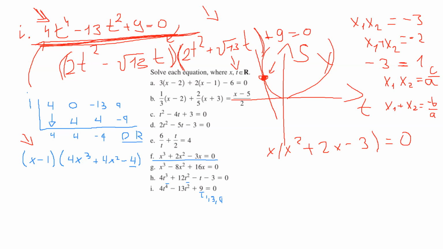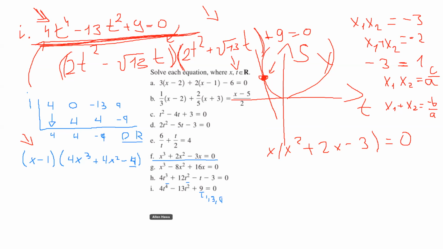Did I do this wrong? 13 negative plus 4 negative 9. Oh, that's why. Sorry, this is not supposed to be 4, it's supposed to be 9. I just had it messed up right in here.